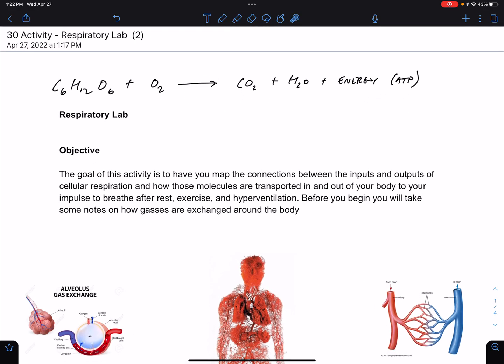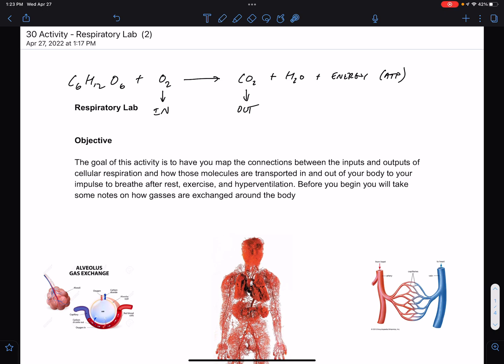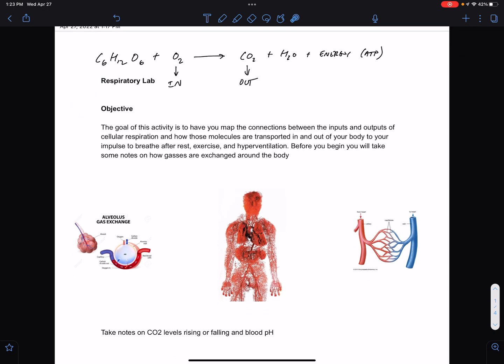So cellular respiration is constantly consuming oxygen and producing CO2. So we need to figure out a way to get CO2 out of the body and O2 into the body. And that's exactly what respiration does.